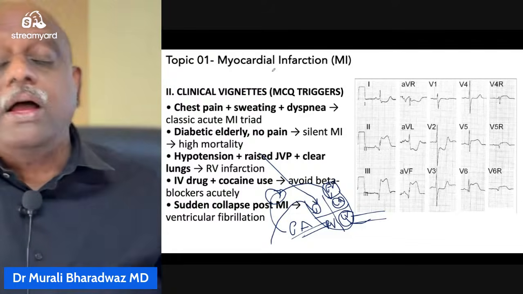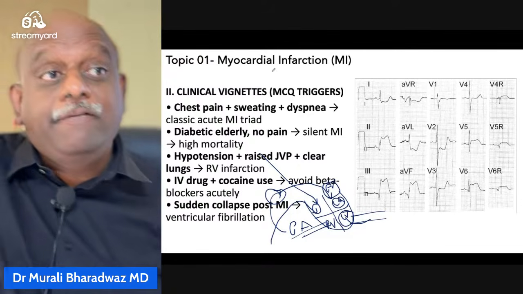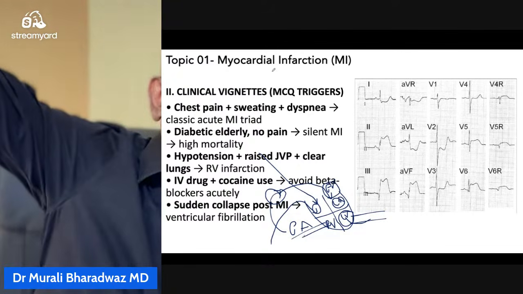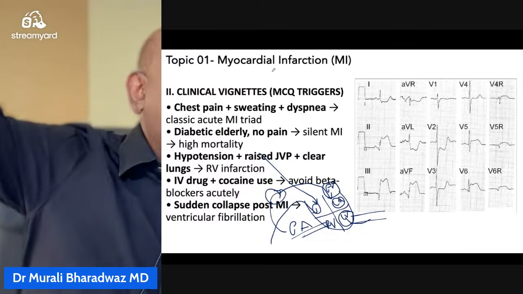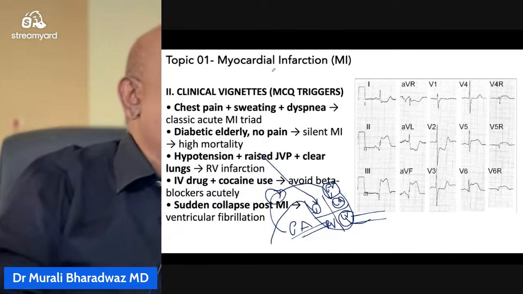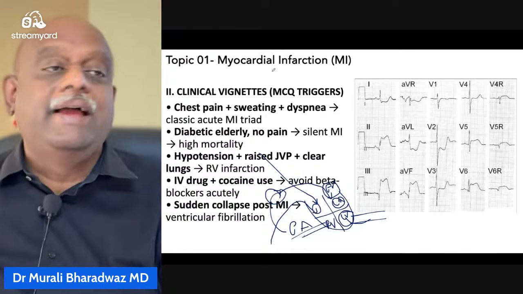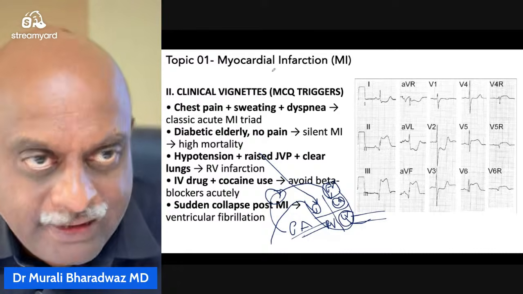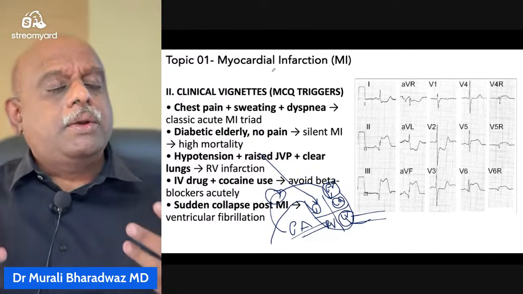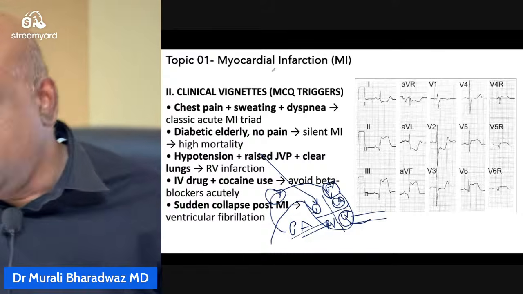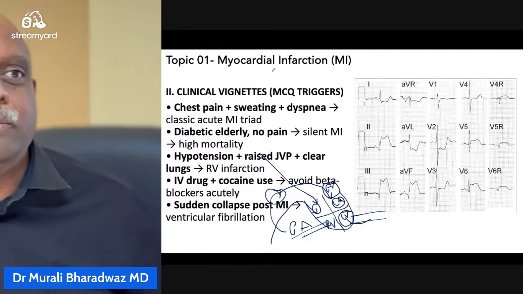But never use beta blockers if the coronary insufficiency, the myocardial infarction, is because of cocaine. It is the favorite question of the examiner. Clear?